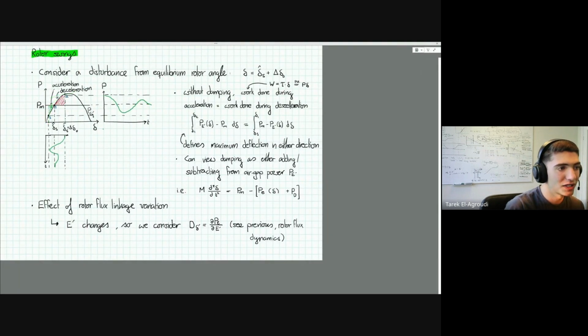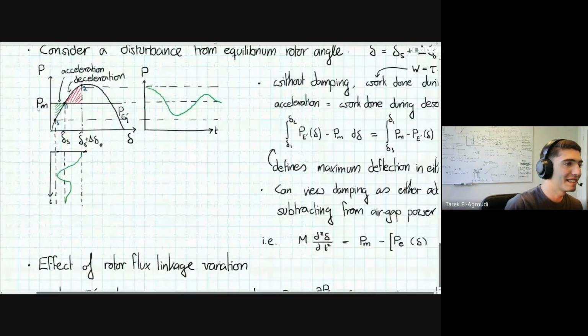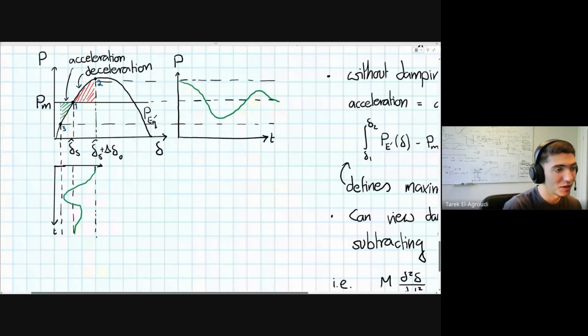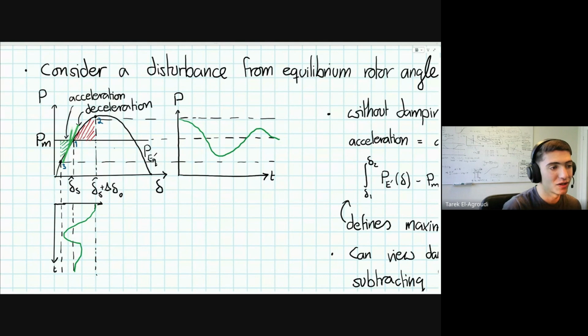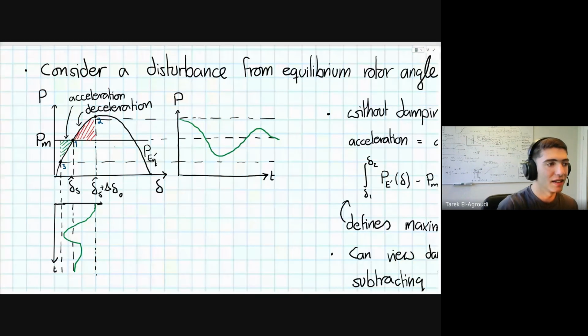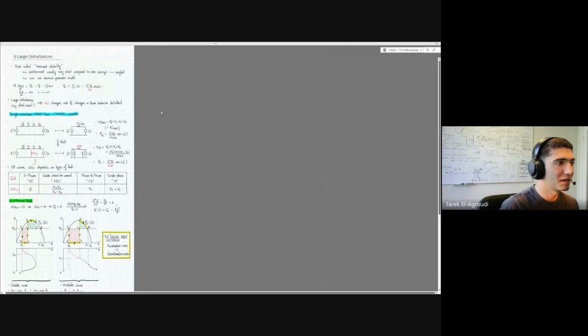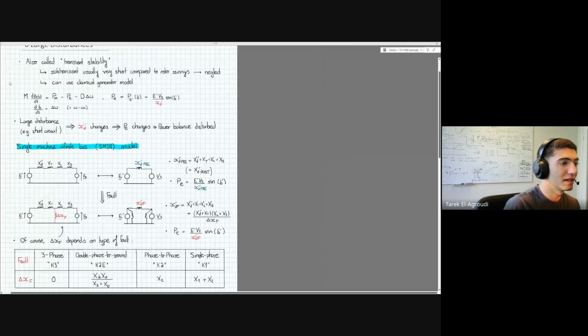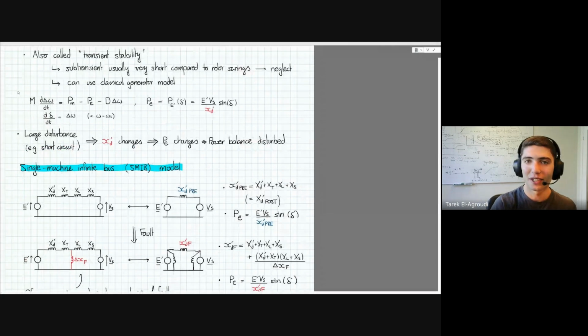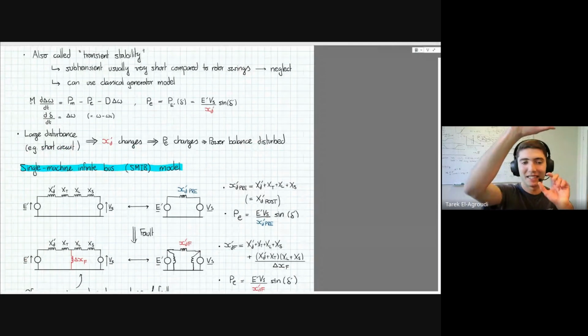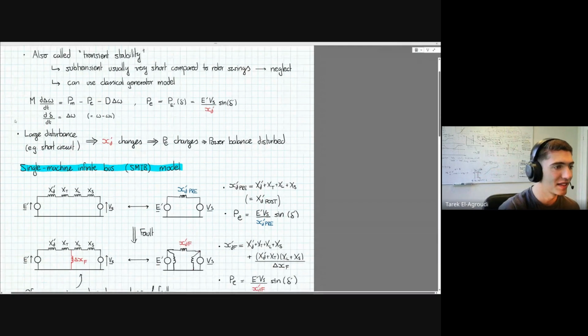So if you have a large disturbance, and technically this example here is a large disturbance because you can see clearly that the gradient of this curve here is very different from the gradient of the curve here, in this case you would have to use some nonlinear stability analysis. I'll just briefly motivate one type of nonlinear stability analysis called the equal area criterion, and it's basically based on these acceleration and deceleration areas.